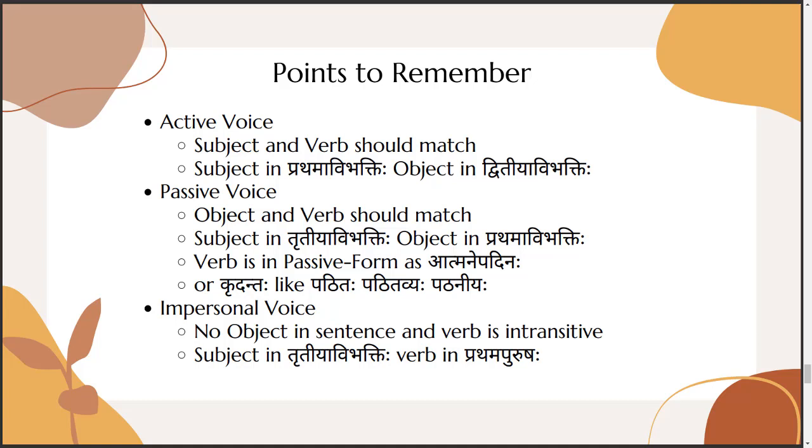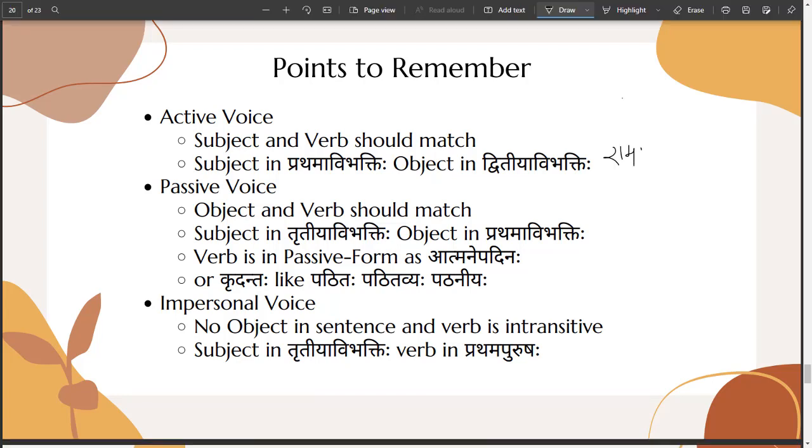Then passive voice sentences mean what? Object and verb should match. Subject will be in Tritiya Vibhakti, object will be in Prathama Vibhakti, and the verb form will be in Atmanepadi form. Ramah patham pathati. Ramena pathah pathyate. You see the difference, I will write it down. Ramah patham pathati. This is active voice, Kartari Prayogah, as we say in Sanskrit.